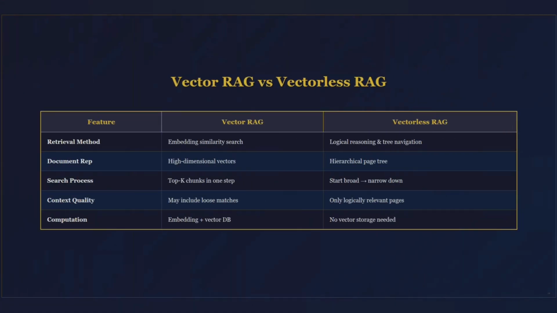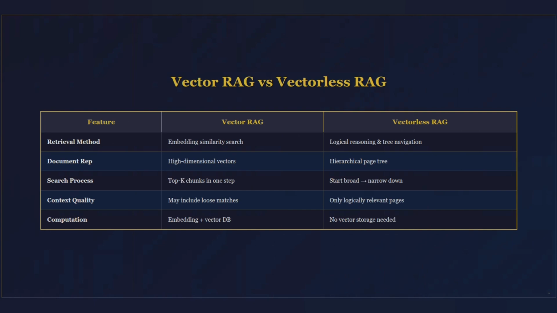Let's put these two approaches side by side. Retrieval method. Vector RAG uses embedding similarity. Vectorless uses logical reasoning and tree navigation. Document representation. Vectors convert text to high-dimensional space. Vectorless organizes text hierarchically. Search process. Vector RAG retrieves top K similar chunks in one shot.